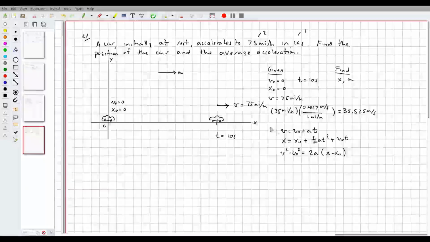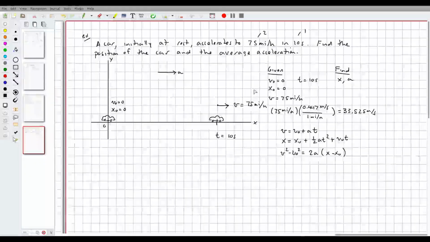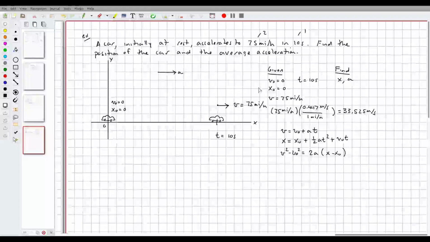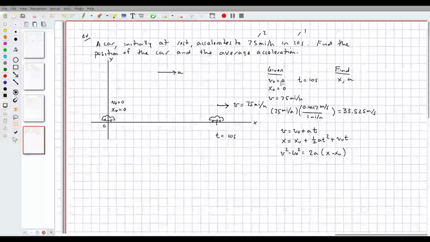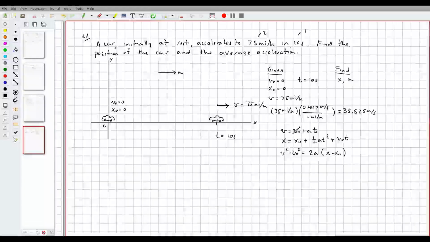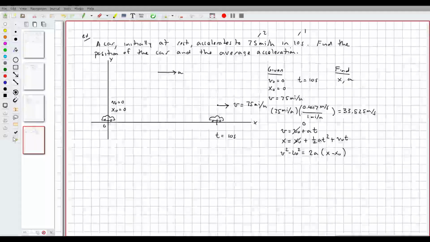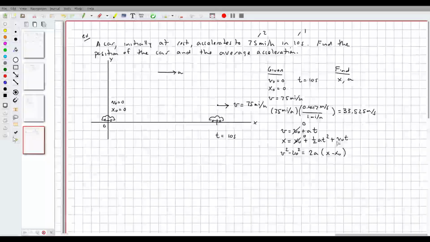So, once we've written our equations down, we should look at the stuff that we've been given and decide on what we can eliminate to make our life easy. For example, I see that my initial position is 0. I also see that my initial velocity is 0. So every time I see a v naught, I should be able to cancel that out. Every time I see an x naught, I should be able to cancel that out as well.